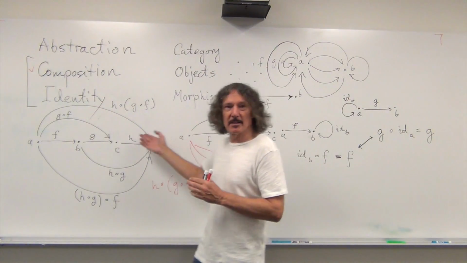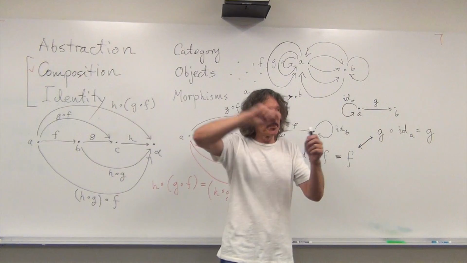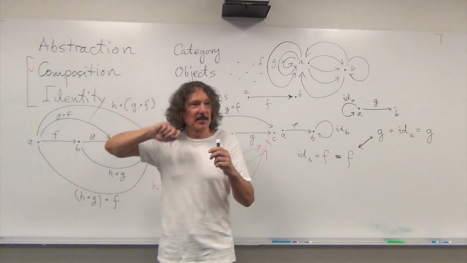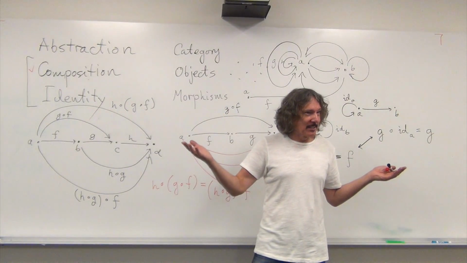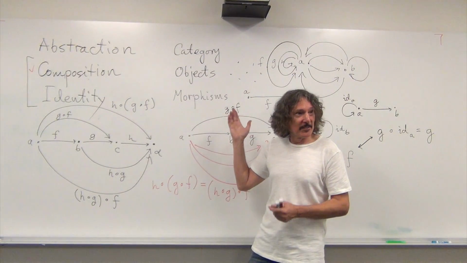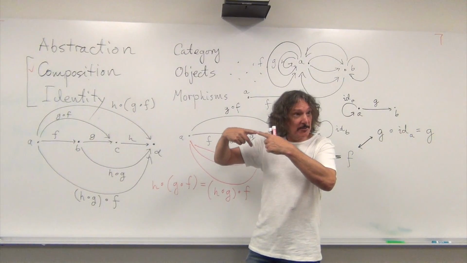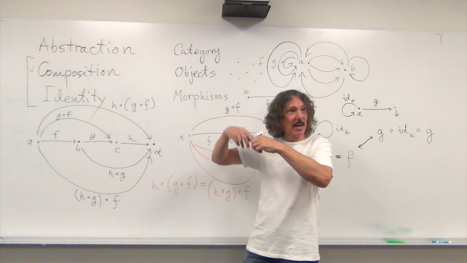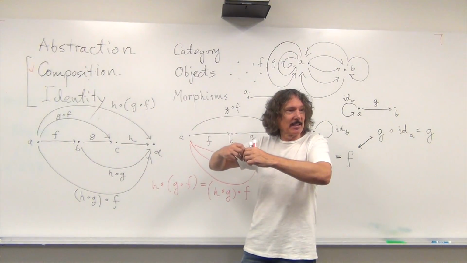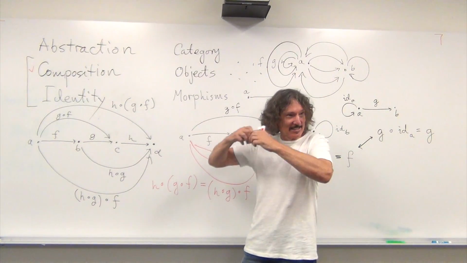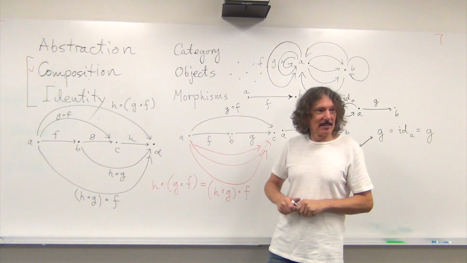But this is more because now you have transformations going between objects. So in a group you can compose anything with anything, right? Here you can't. They have to be composable. The end of one has to be the beginning of another, right? You cannot compose anything with anything, right? That's the biggest distinction.